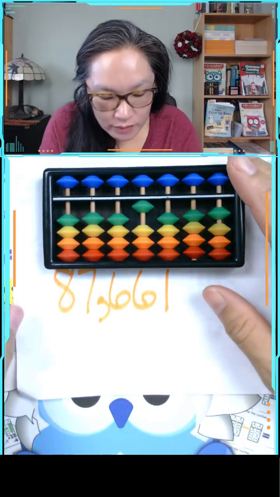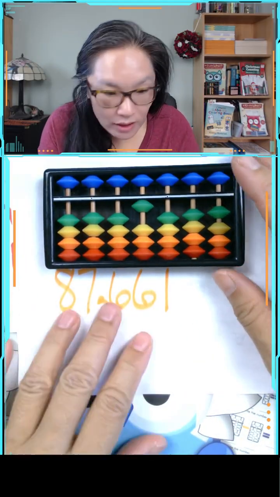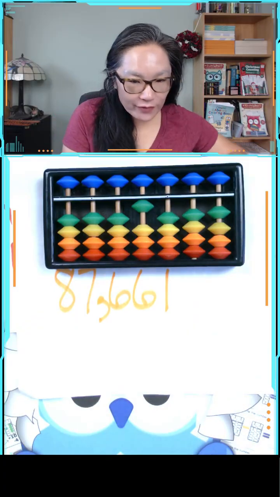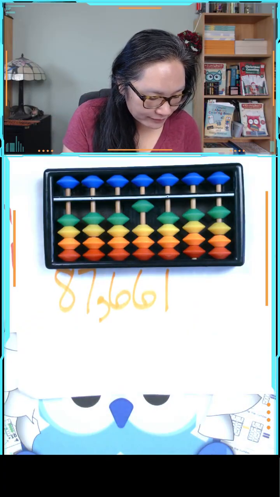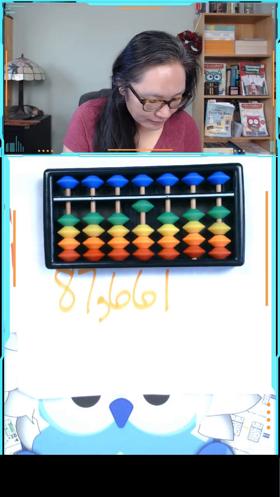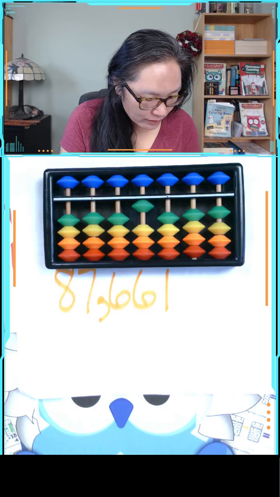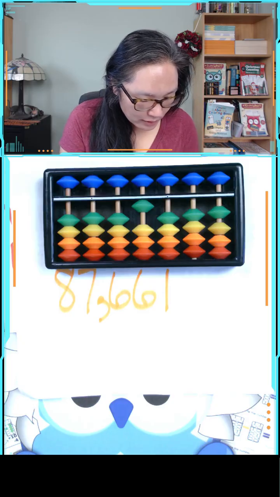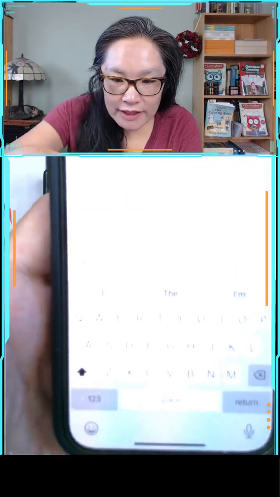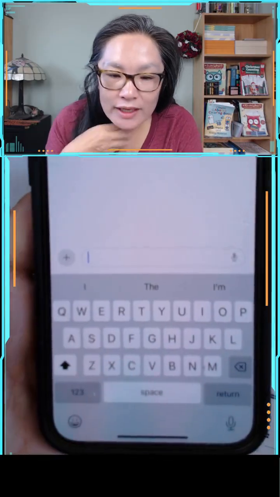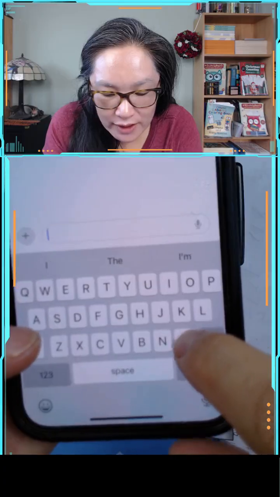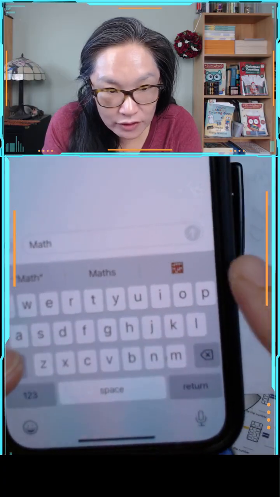So what we're doing is we're understanding how to read the abacus. Again, here's another thing for those of you that are interested. If you have an iPhone, I don't know if the Android has one too, but if you type in the word math, you'll notice that there's an abacus.